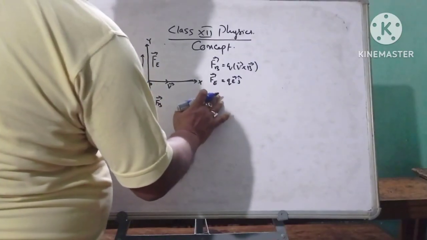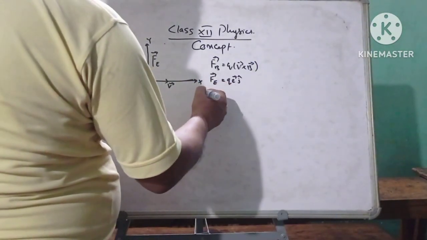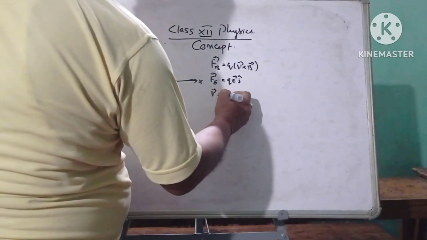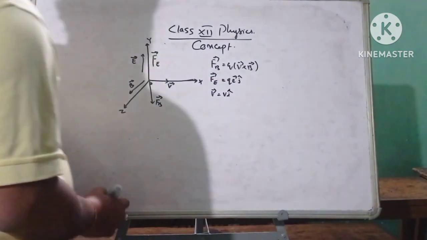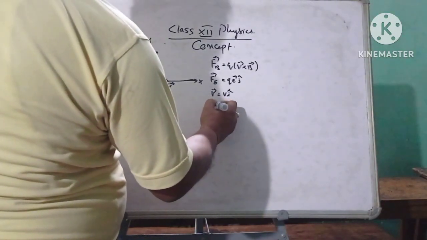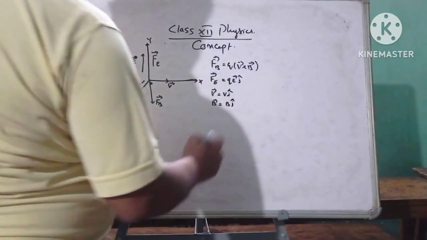Your velocity is in the V I cap direction, and your magnetic field is in the B J cap direction.